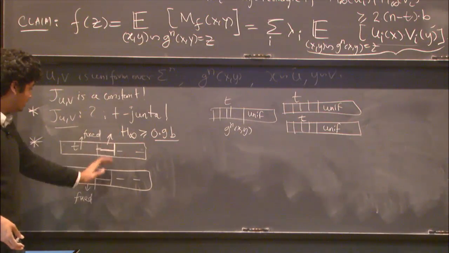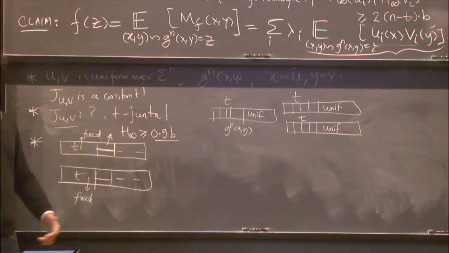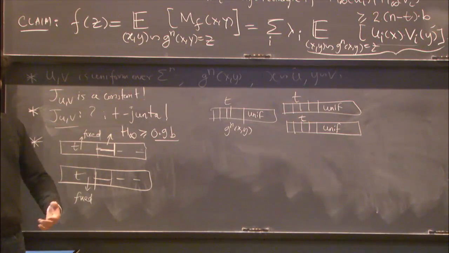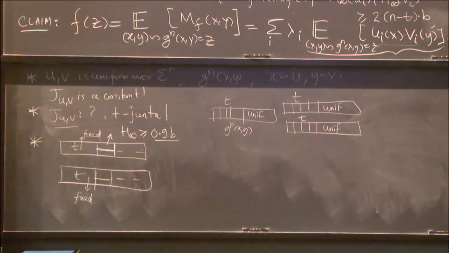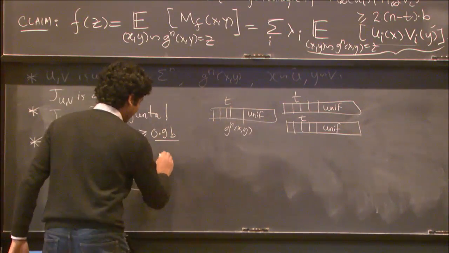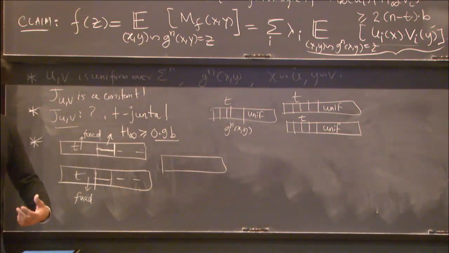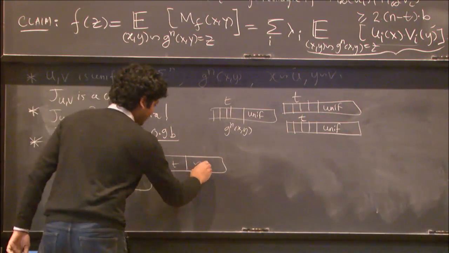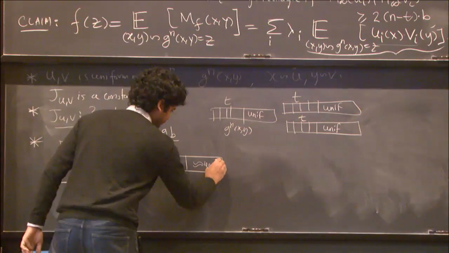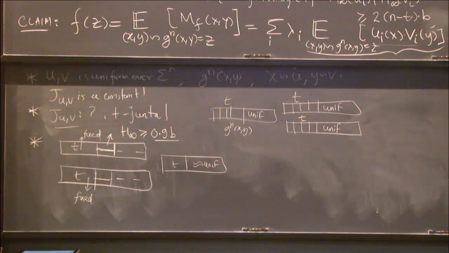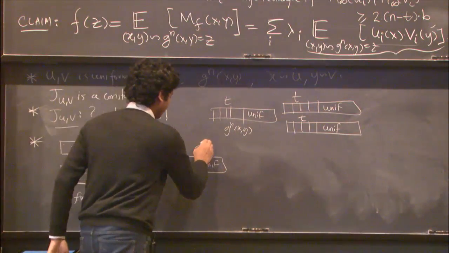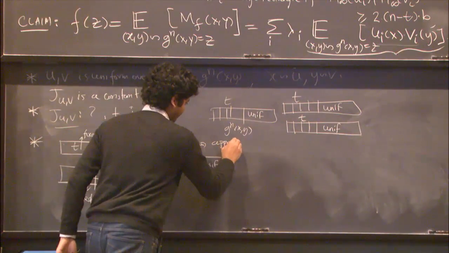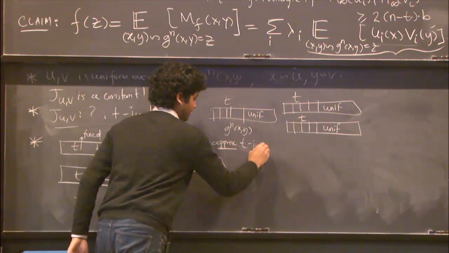I am applying g^n to the pair of them. If I take two distributions with high min entropy and apply a two-source extractor to them, then the output is going to be close to uniform. So even in this case, the output distribution should look like T blocks fixed here, and then something close to uniform here. So in other words, I should get some approximate T-junta again.